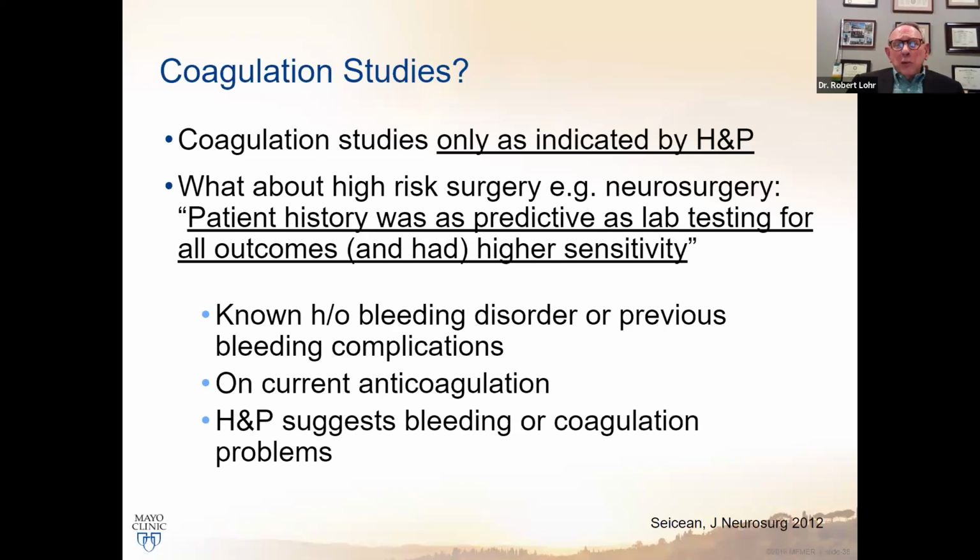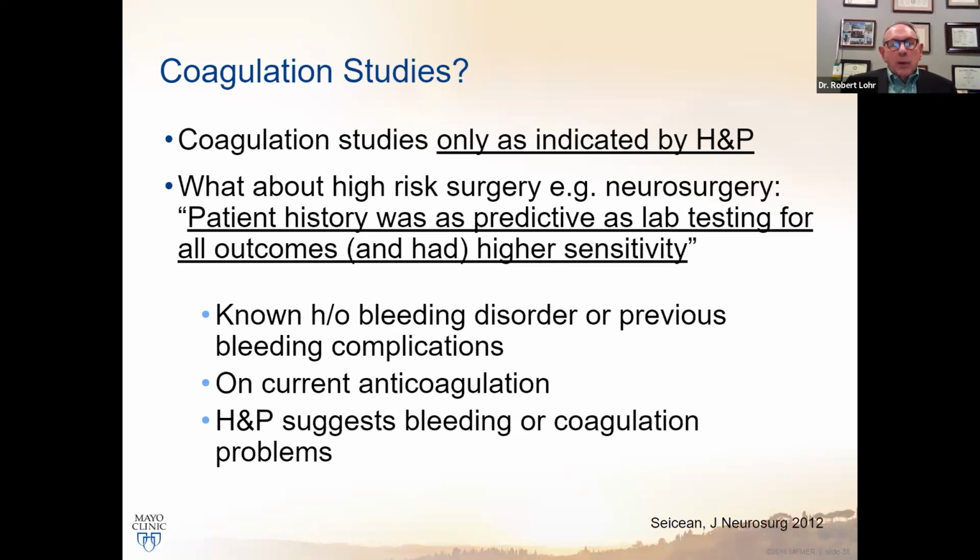But if you look in the neurosurgery literature, they will actually tell you that the patient history was as predictive as lab testing for outcomes and had greater sensitivity. So if there's a known history of bleeding disorder, or there are previous bleeding complications, certainly if the patient's on anticoagulation, and particularly warfarin, you wouldn't necessarily need to test anything for a DOAC, or if the history and physical suggests bleeding or coagulation problems, but not routinely.